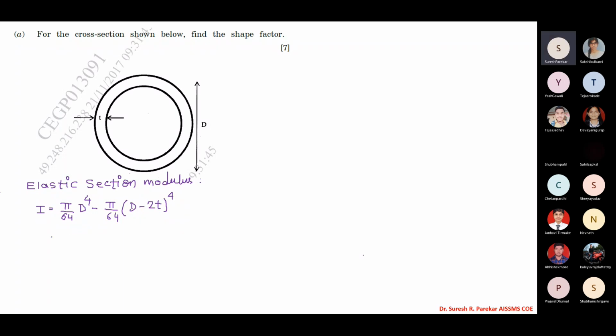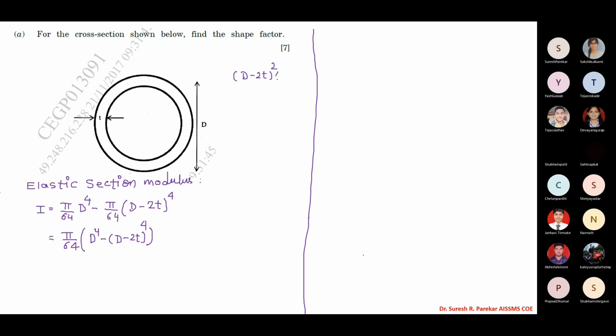And then in this we have pi by 64 common in bracket, d4 minus d minus 2t to the power 4. Now important: d minus 2t to the power 4. So we will go with d minus 2t square into d minus 2t square.